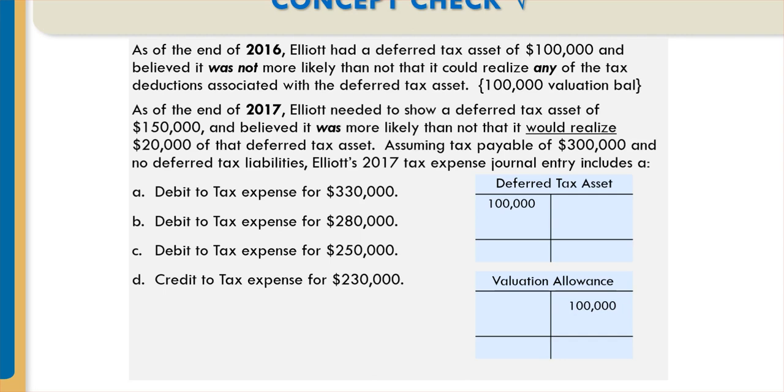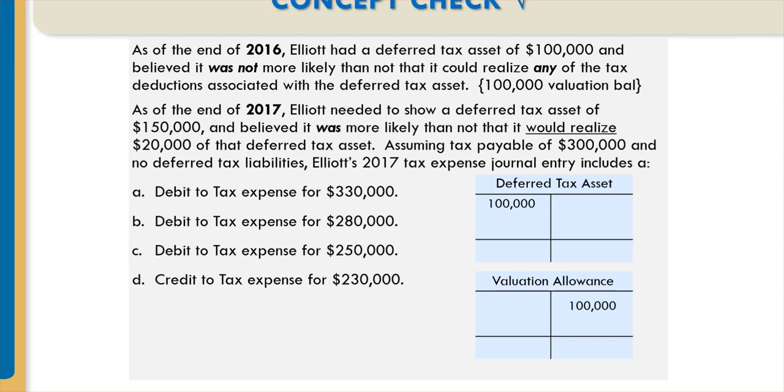So it got hit here to be reduced. So we were not overstating an asset. We had a separate journal entry that took it down, and it was to this associated account with that deferred tax asset called the valuation allowance account.